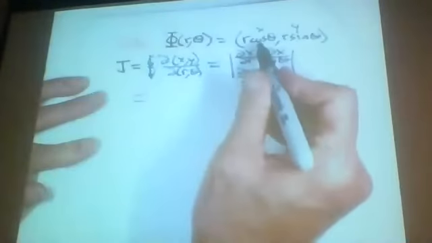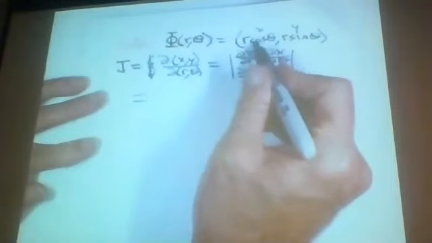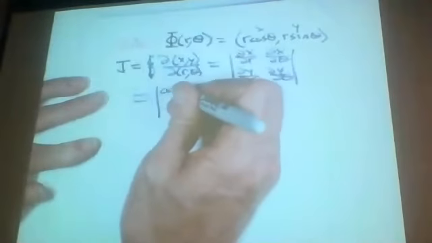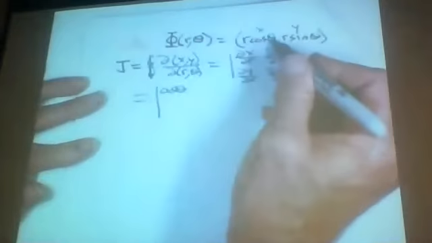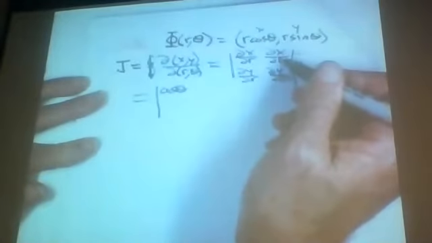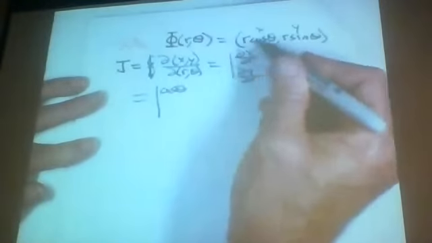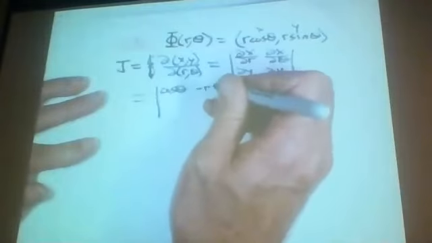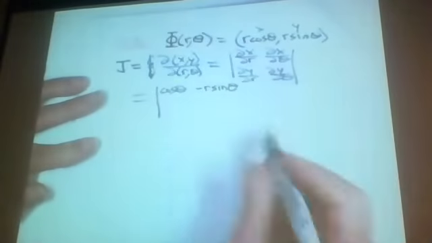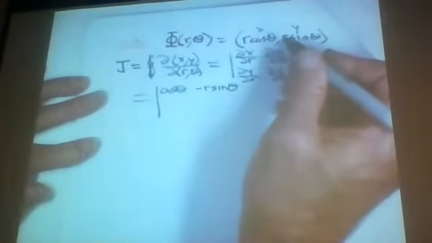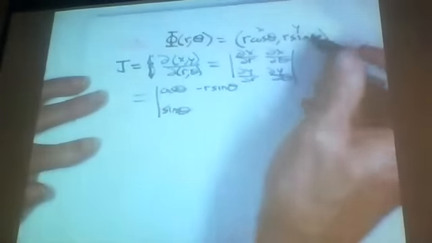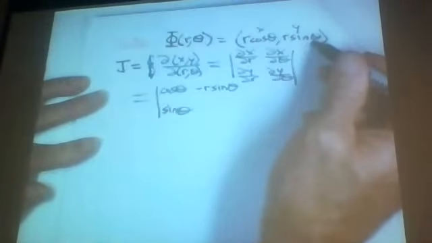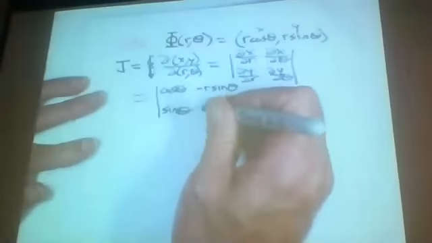Well, what's dx/dr? x is r cosine theta, so dx/dr is cosine theta. What's dx/d theta? If I take the derivative of r cosine theta with respect to theta, treating r as a constant, it is r times minus sine theta. Then dy/dr: y is r sine theta, treating theta as a constant, we just get sine theta. And dy/d theta, the derivative of r sine theta with respect to theta, is r cosine theta.